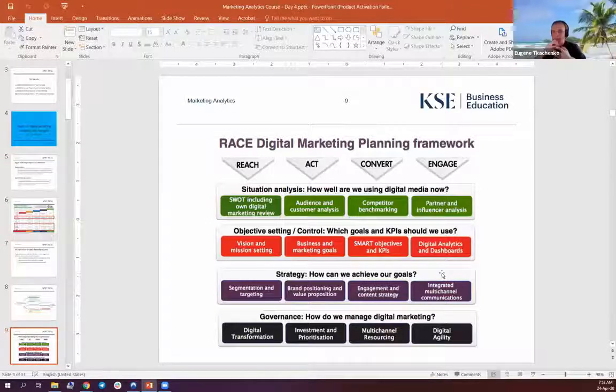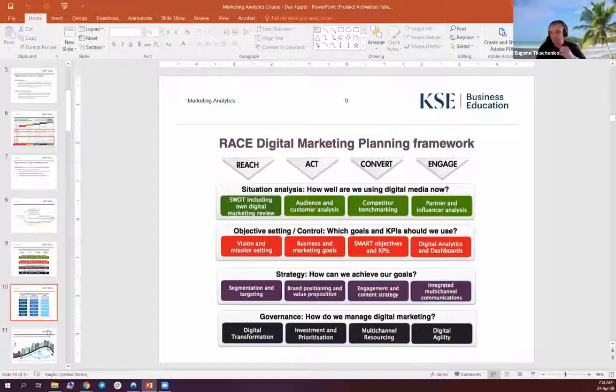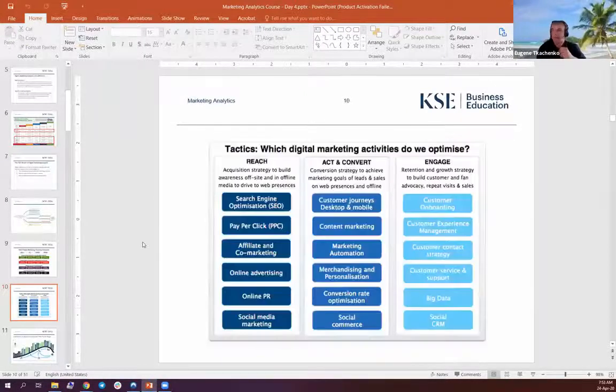So we can say confidently that we are doing well, versus no, we need to optimize something. Because what will essentially be impacted is the allocation of all our efforts.